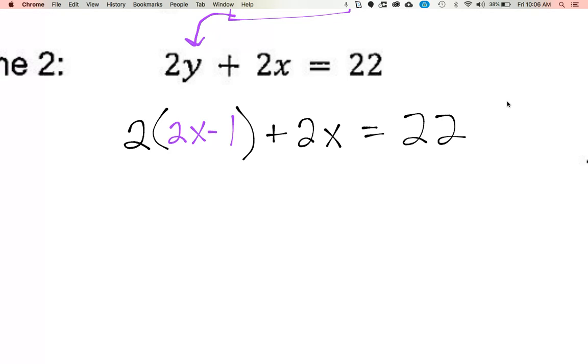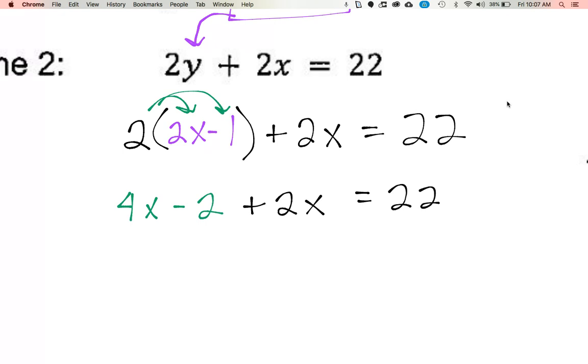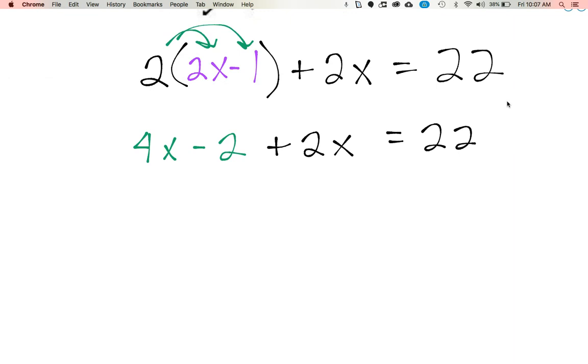All right, so we're going to distribute right here. So this is 4x minus 2, plus that other 2x that was in there earlier equals 22. My like terms, we have a 4x and a 2x, so that becomes 6x.